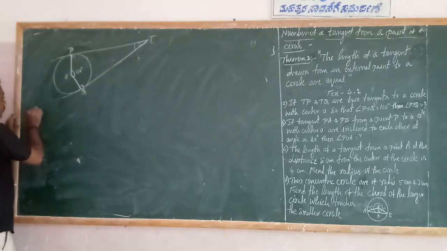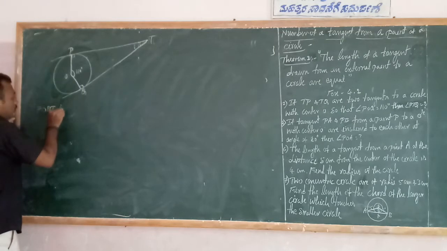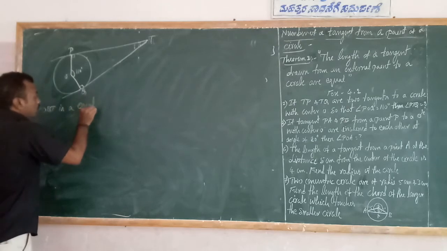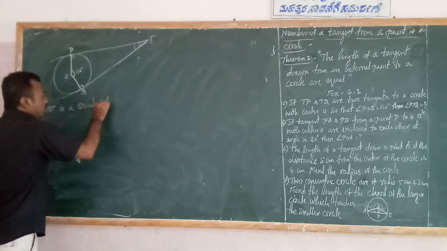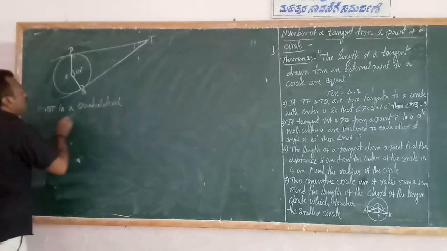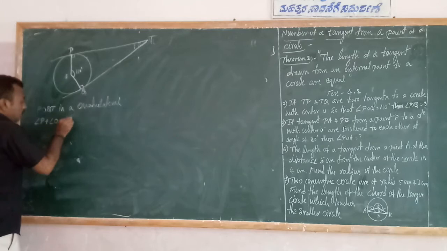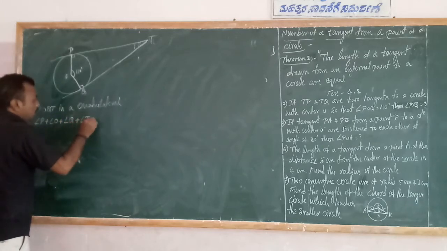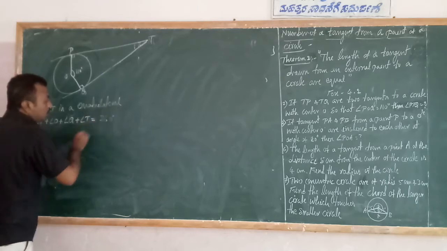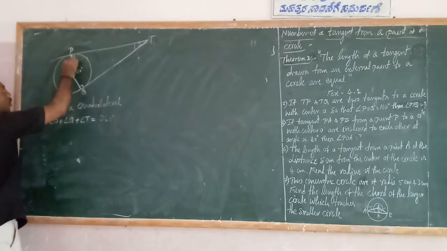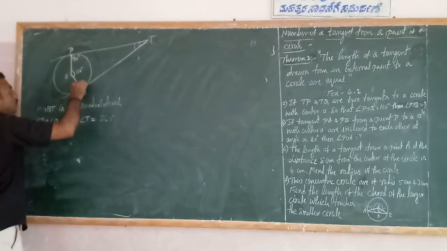Okay. Therefore, POQT is a quadrilateral. In the quadrilateral, angle P plus angle O plus angle Q plus angle T is equal to 360 degree, because of the angle sum property of a quadrilateral. Angle P is 90 degree, this is also 90 degree.